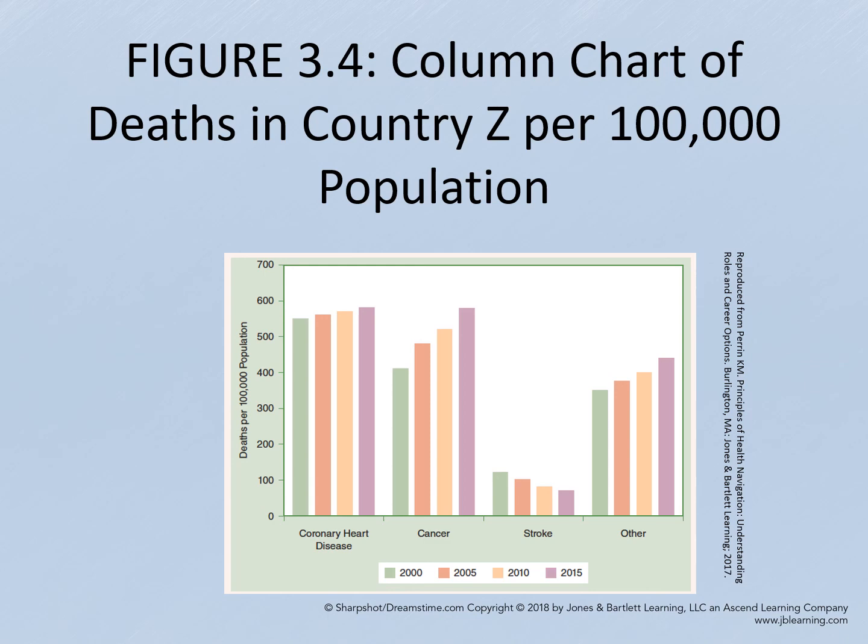And for cancer, what was the number of deaths in 2000, 2005, 2010, and 2015. And again, stroke and other. Column graphics or bar diagrams are often very good ways to display information, especially when there are only a limited number of potential categories of information, such as coronary heart disease, cancer, stroke, and other.